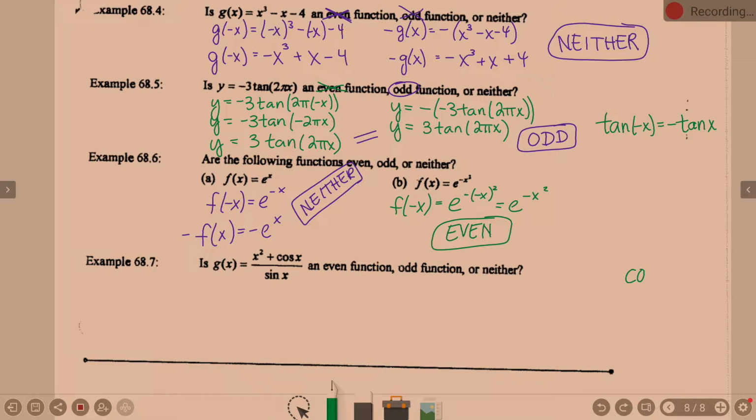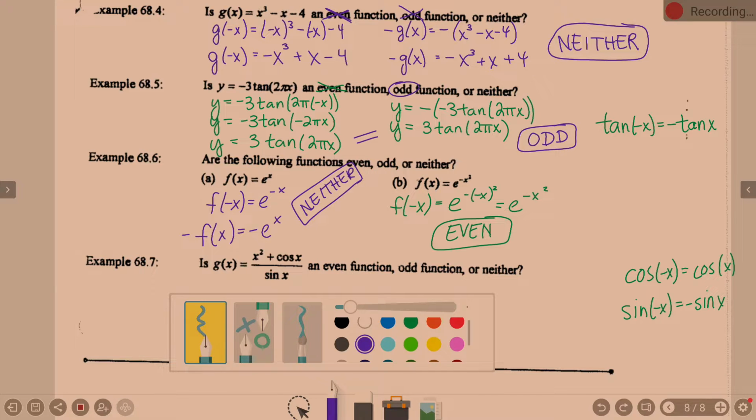When you see cosine of negative x, remember that cosine of negative x is just equal to a positive cosine x, whereas sine of negative x is equal to a negative sine x. Those were part of our even-odd identities that we did in pre-cal. That's like chapter 5 material, I would say.